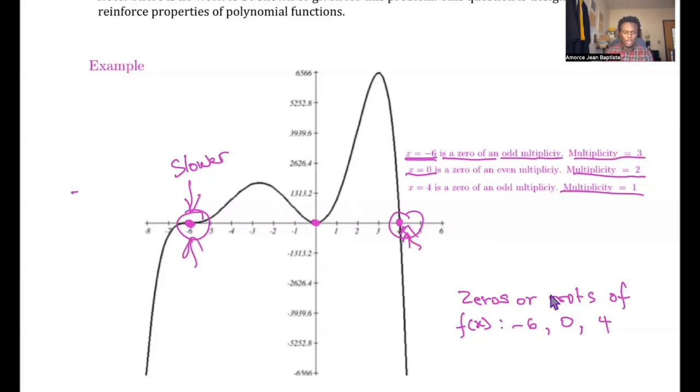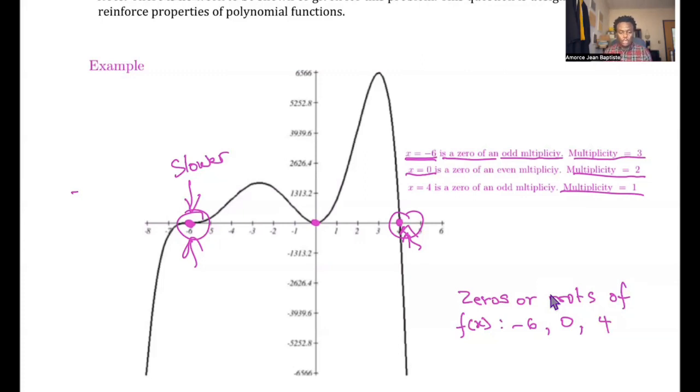So the quicker it crosses, the lower is the multiplicity. The quicker the graph crosses the x-axis, the lower is the odd multiplicity.